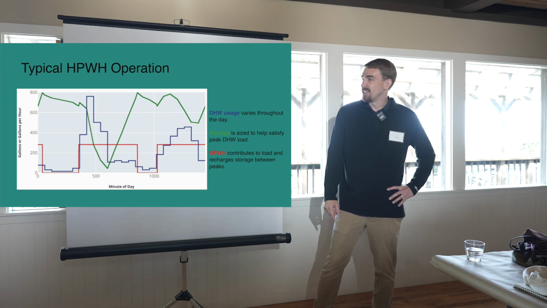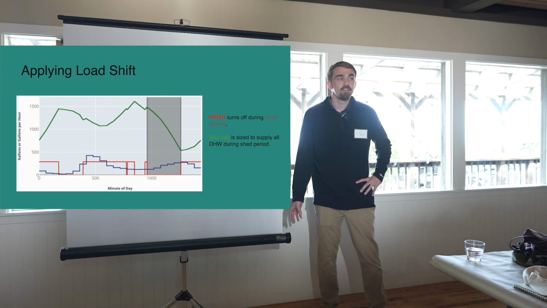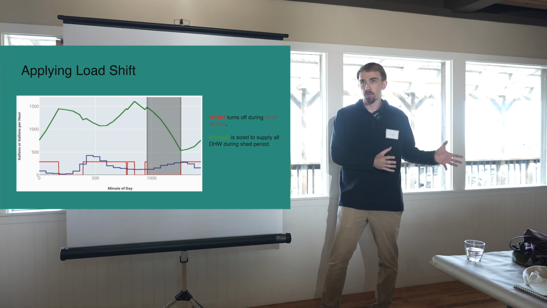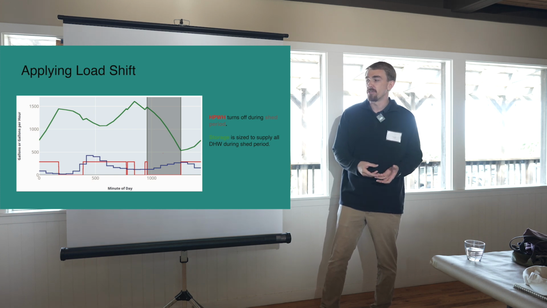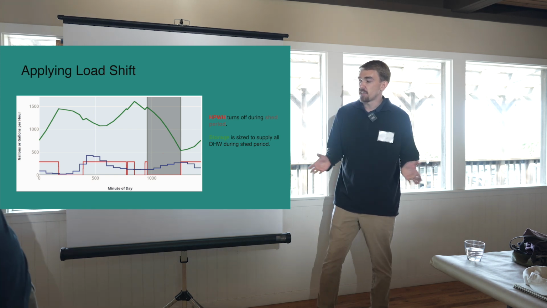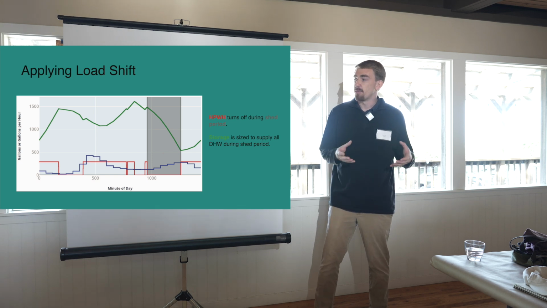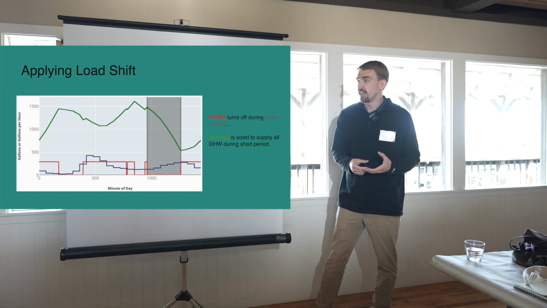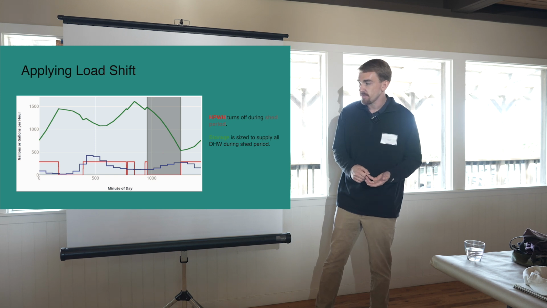So next slide, please. So if we want to apply load shift and we want to shift the energy usage out of this 4 to 9 period, or whatever period the utility deems most dirty for that region, we just want to turn the heat pump off during that period, right? Because that's the main energy usage in this domestic hot water system, the heat pump trying to charge that storage.